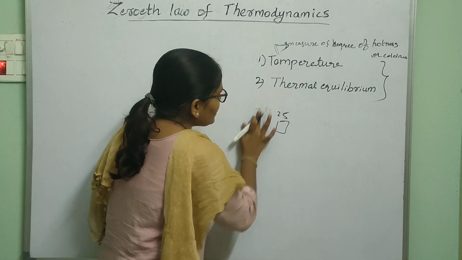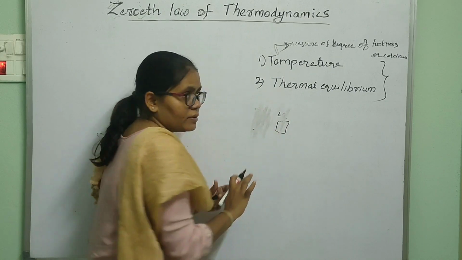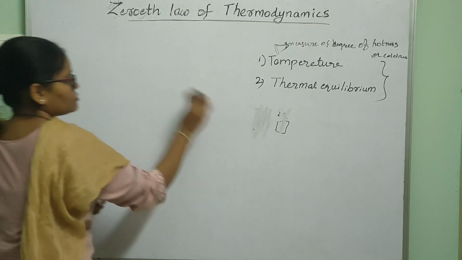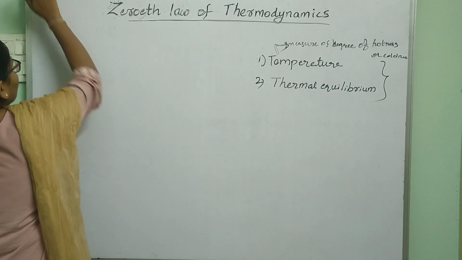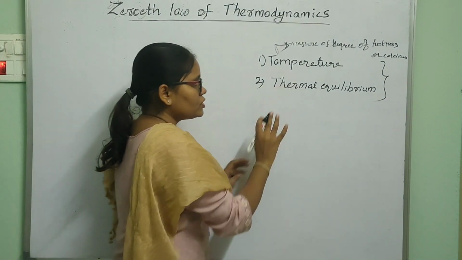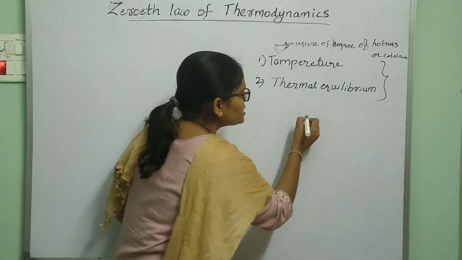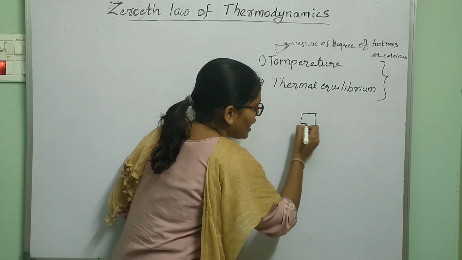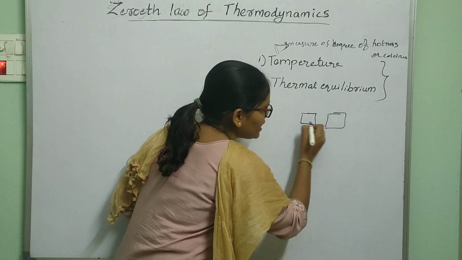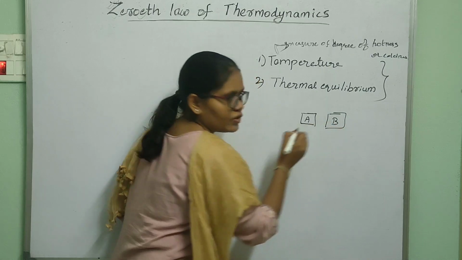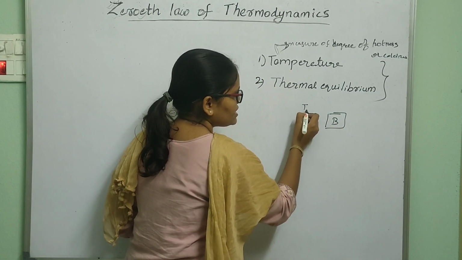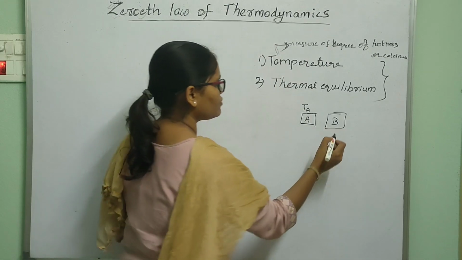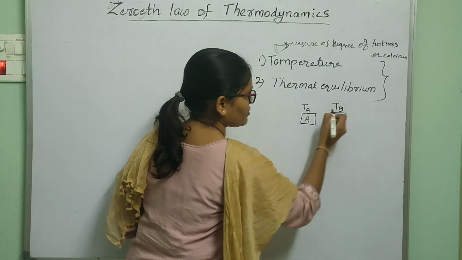Now let us understand what is thermal equilibrium. To understand thermal equilibrium, consider two objects. I will name them object A and object B. Now suppose the temperature of object A is TA, and the temperature of object B is TB.